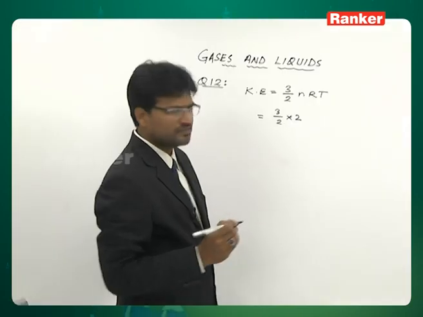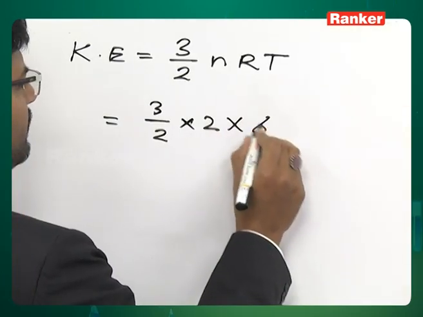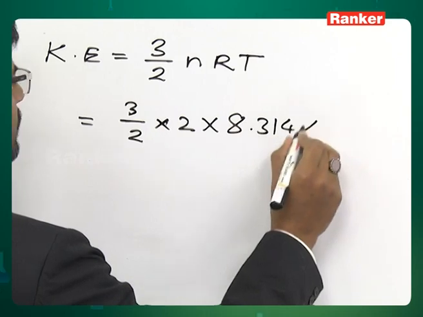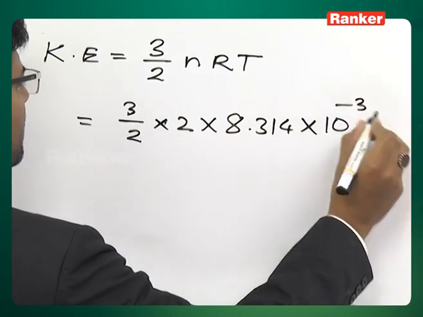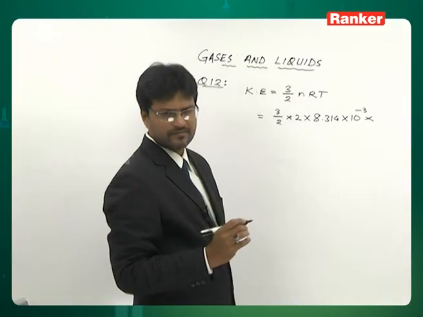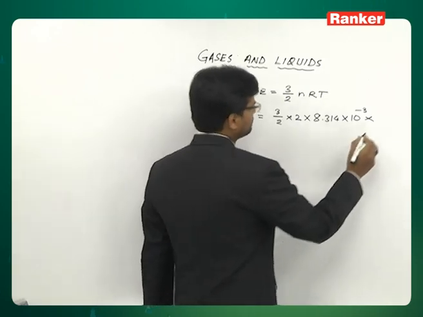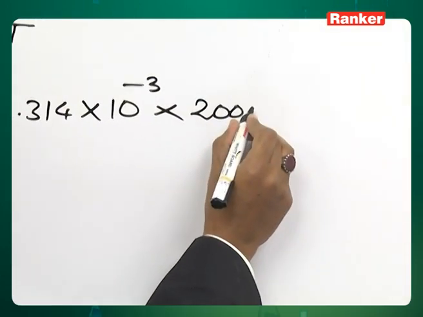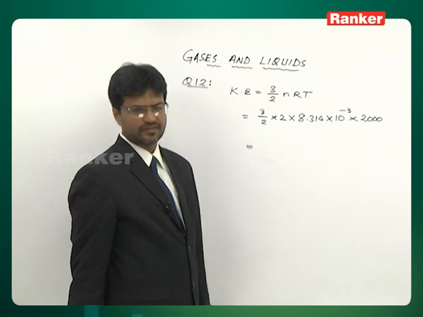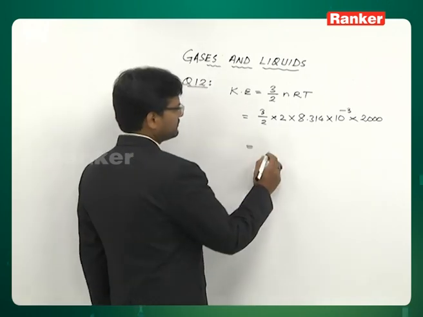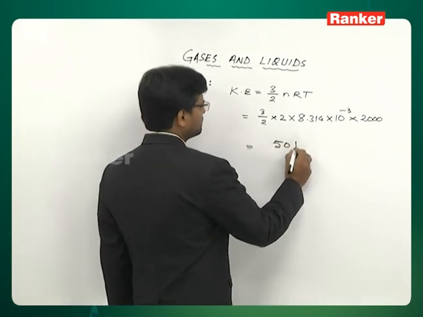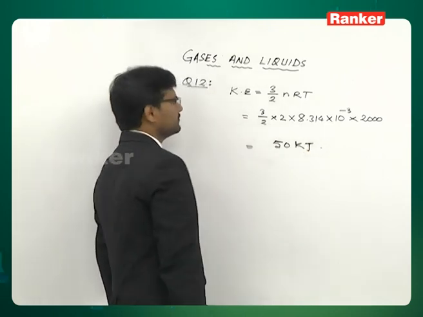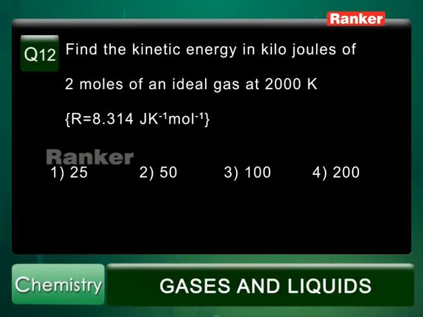You want the value in kilojoules, so take R value as 8.314 into 10 raised to minus 3. And the temperature given is 2000 Kelvin. On simplification, the value you get is 50. So the correct answer is the second option.